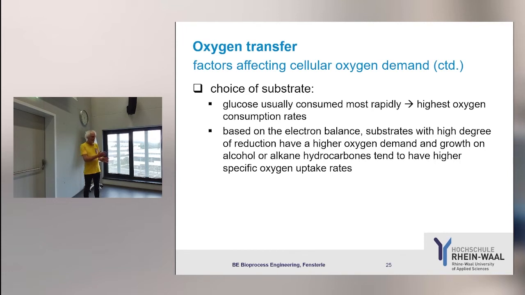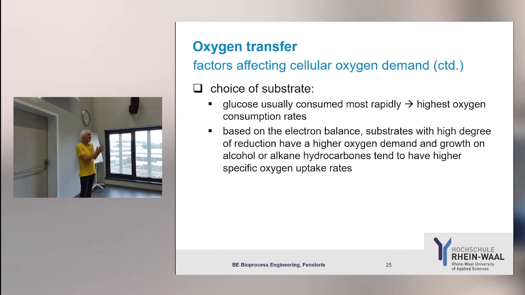So if we have a higher biomass yield or a higher degree of reduction, it's also about rate. It depends on how fast the enzymes are, how fast the uptakes are, and so on. So it's not guaranteed that a higher degree of reduction is at the same time a higher specific oxygen uptake rate. This is not one-to-one, but however, it depends on that.